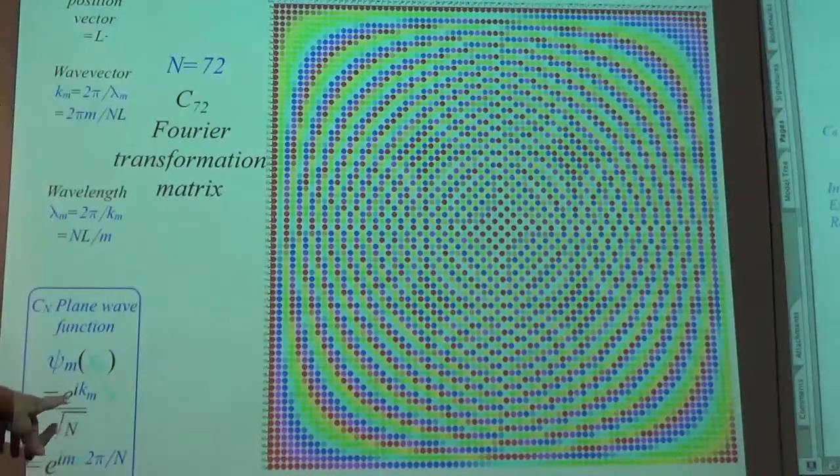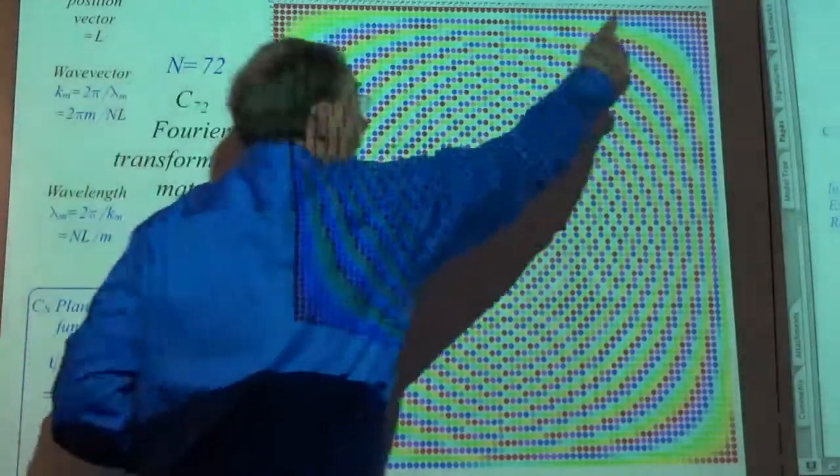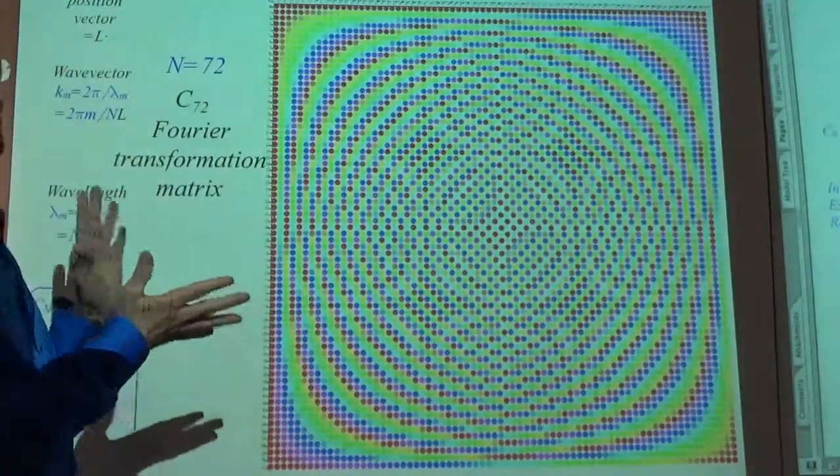This thing is a product of M and P, right? The phase is determined by a product of momentum and point, right? This is momentum, that's point. This is what a Fourier transform looks like.